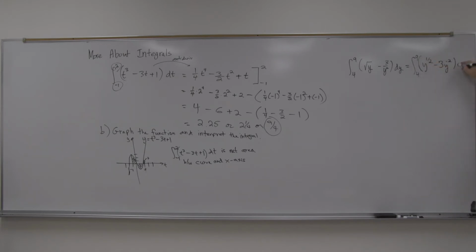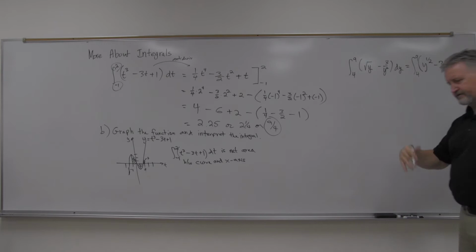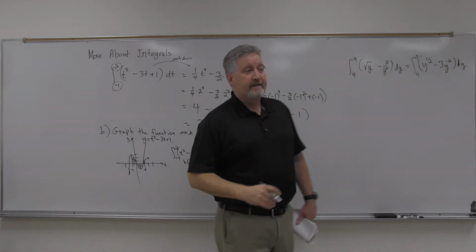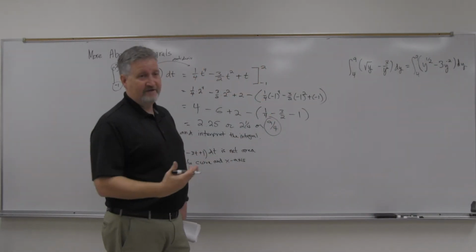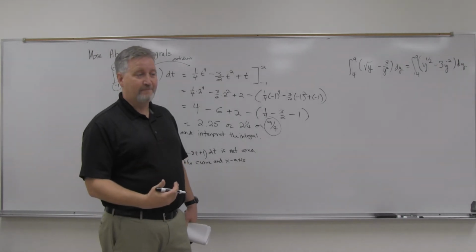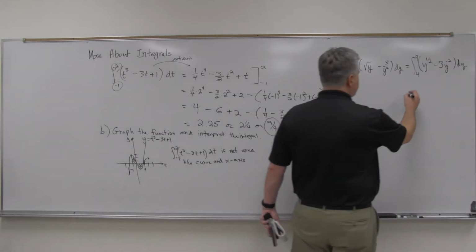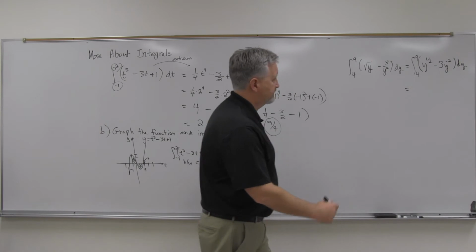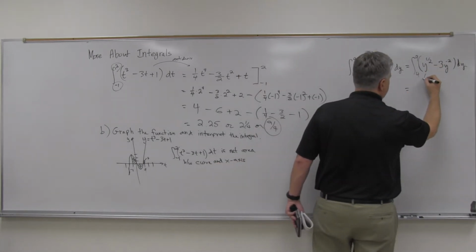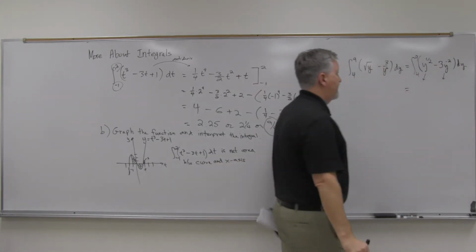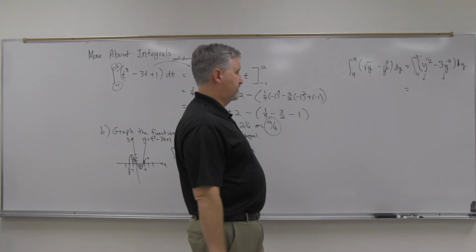Writing those as powers of y, or powers of x, or powers of t, or whatever, is much preferred when we go to the antiderivative, because then you just use the power rule. So write them like that, and since it is subtraction, we can do the antiderivative for both of those separately.